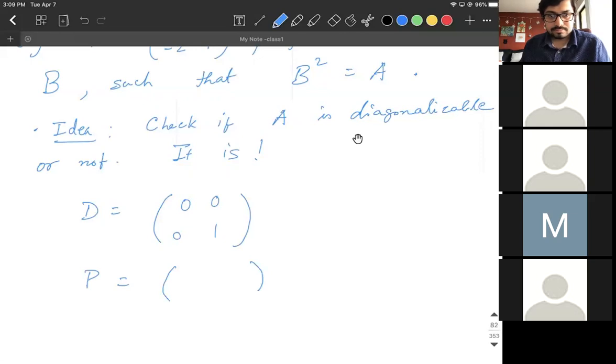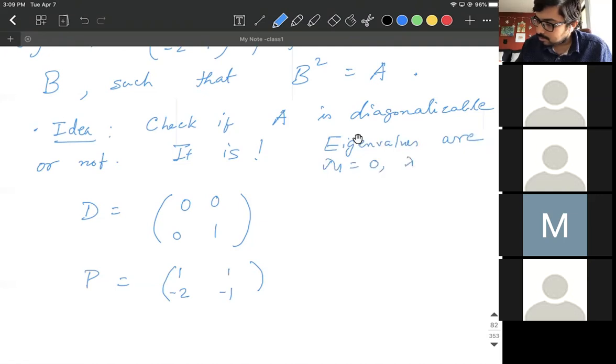1 minus 2, 1 minus 1. Here I'm skipping some steps. Eigenvalues are lambda 1 equals 0, lambda 2 equals 1.